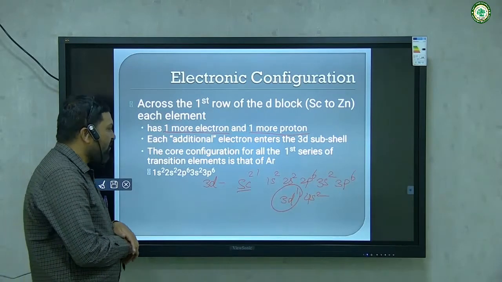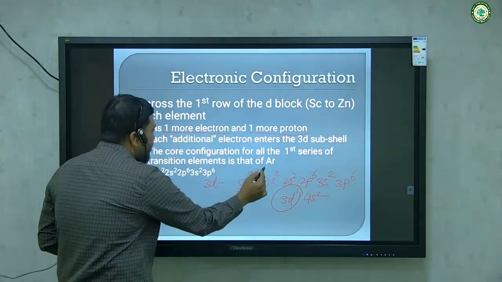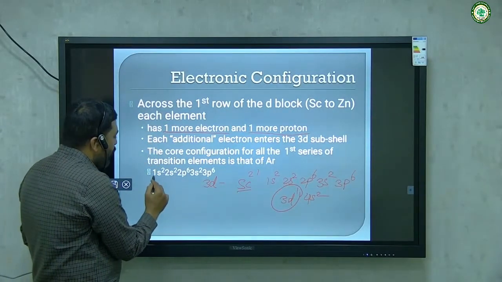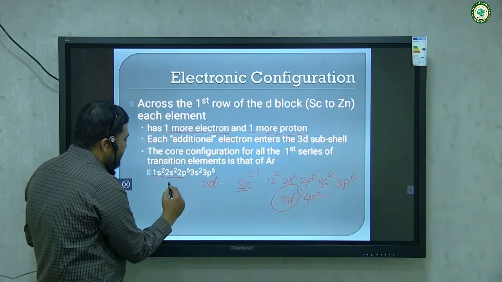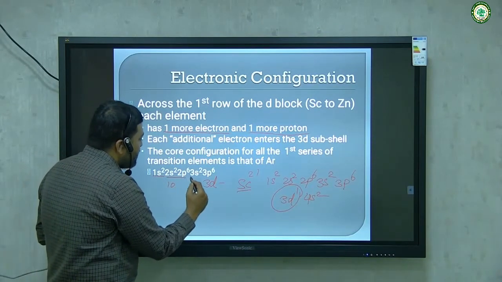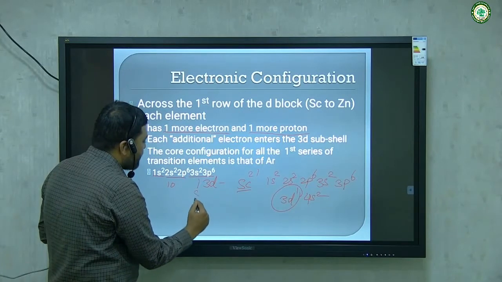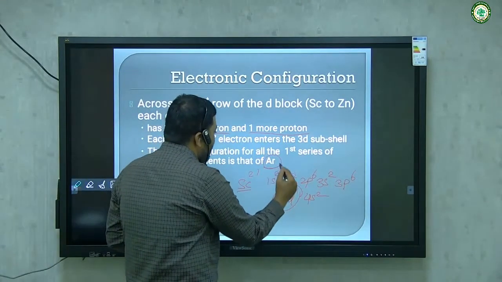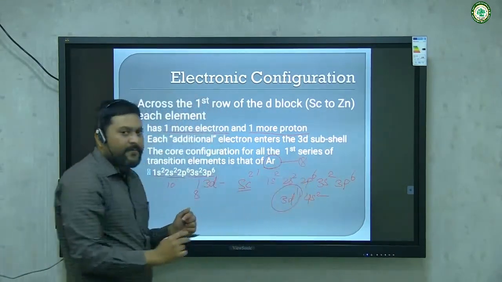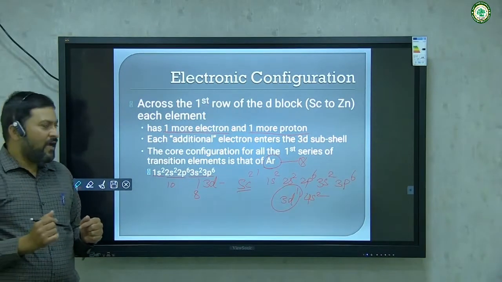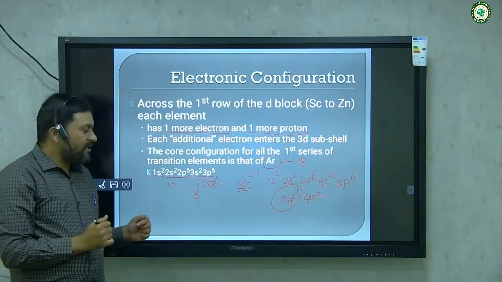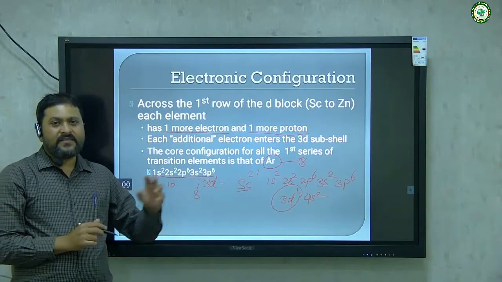So we can write the electronic configuration of argon: 1s2, 2s2, 2p6, that is 10, and 3s2, 3p6, that is 8, and the atomic number of argon is 18. According to that argon, we have to write the electronic configuration in this way.